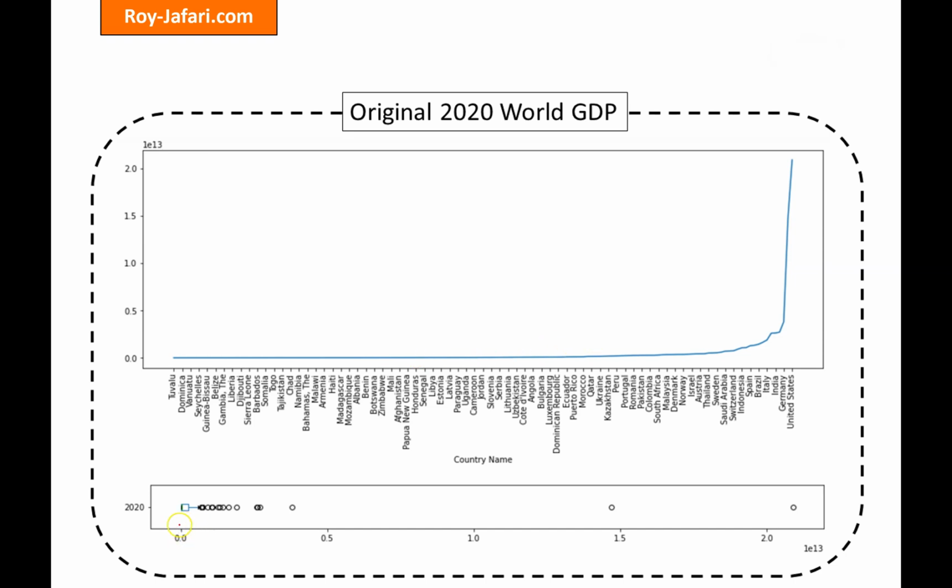The median is really close to zero, and then we've got less than 0.1 for most of the population, and then there are some that are way above the larger part of the population, and then there are two that are just way higher than the rest. So that's a case of exponential growth.